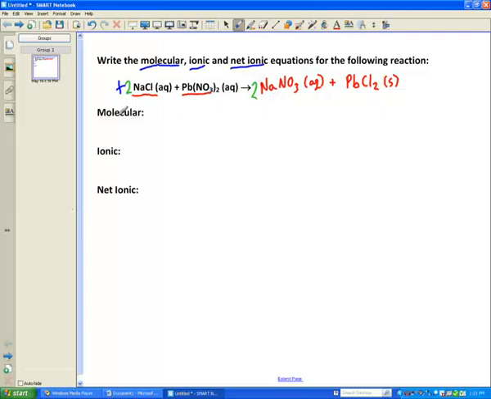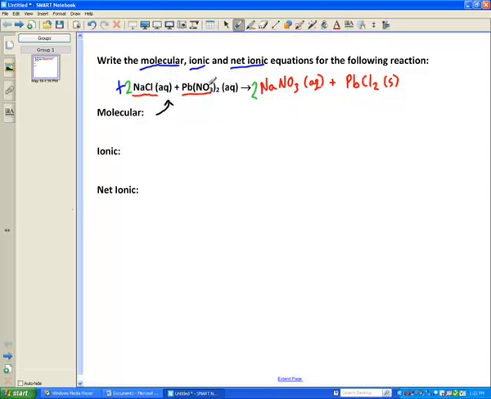So now we're going to deal with these three, molecular, ionic and net ionic equations. Now the first one, the molecular equation, is the easy one. It's just the molecules in their standard form, so exactly as we have shown here. So this is our molecular equation because all of our species are shown as molecules. Okay, but the fact is, and this is an important thing to understand, ionic, ionic, ionic, ionic.